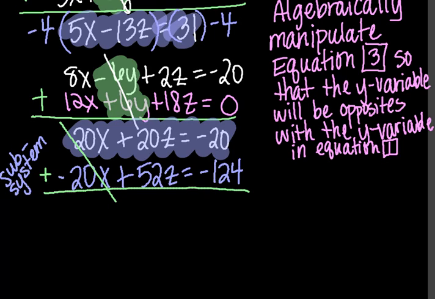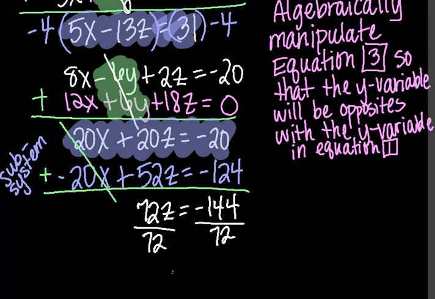And what is left? And then we are going to divide by 72. And what is negative 144 divided by 72? Negative 2. So we have our value of z.